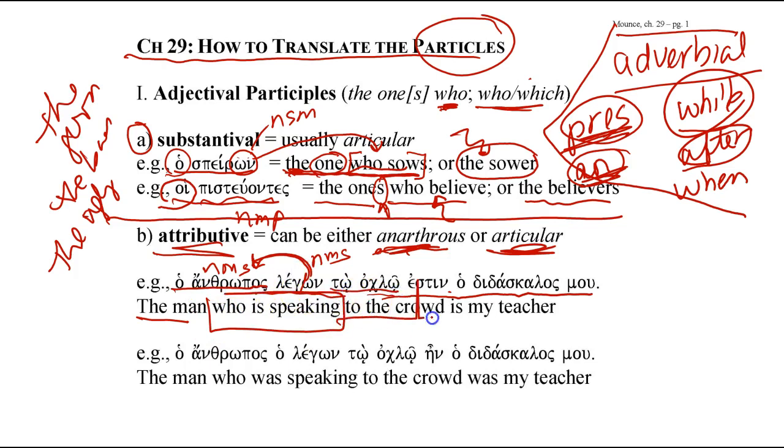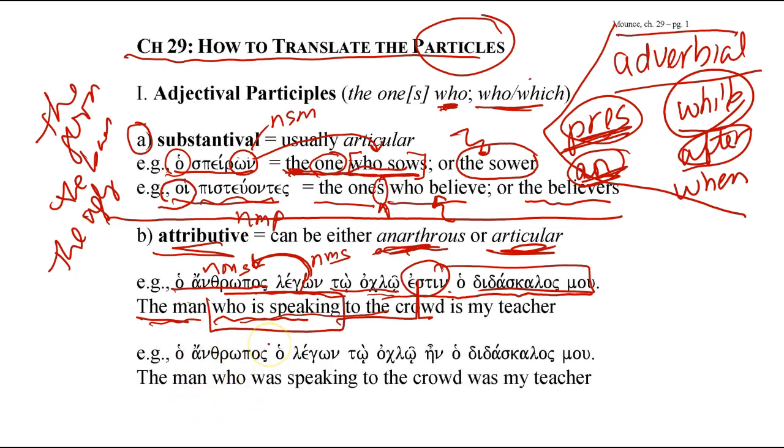To the crowd, and then estin ho didaskalos mou, is my teacher. So the man who's speaking to the crowd is my teacher. Here, legon is used as an adjective. The clause who is speaking to the crowd is modifying man. So it's not any man who is my teacher. It's that man over there who's speaking to the crowd. And so this participle is being used adjectivally to identify the man.